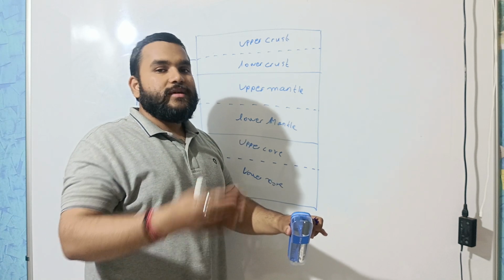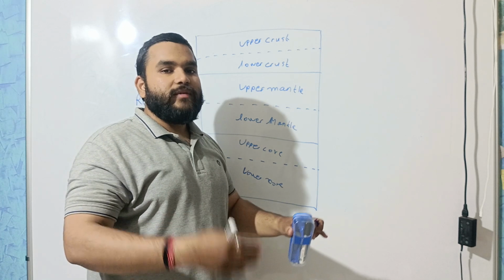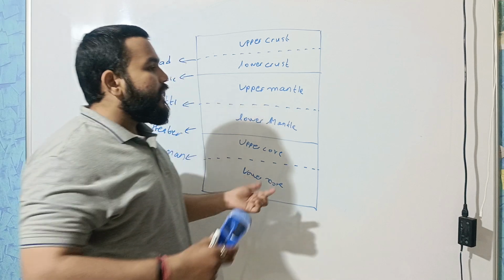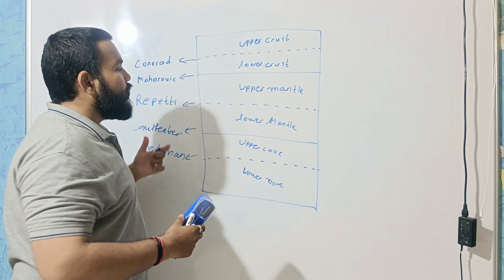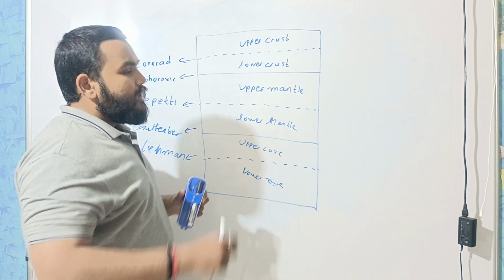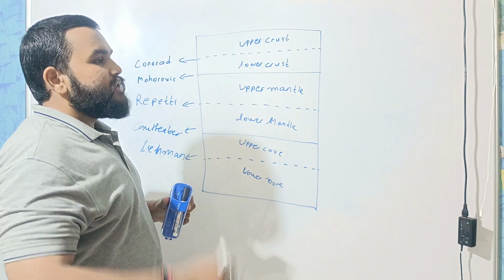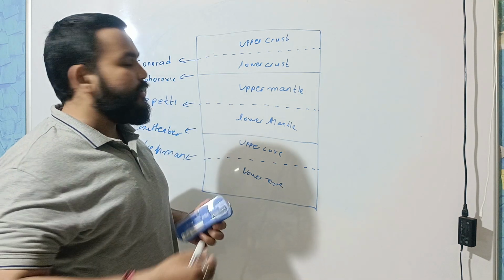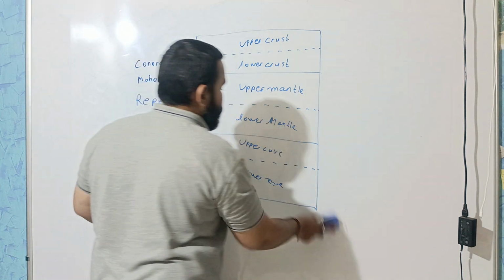Then the mesosphere, it is completely solid. Then the barysphere, it is liquid, and so on and so forth. Likewise, we have to discuss each and every point. How were these scientists able to find out? The simple reason is that they used the simple seismic wave experiment, which we already discussed in the previous video.